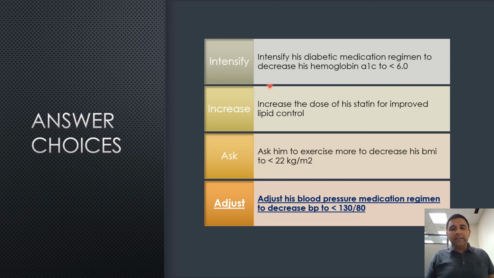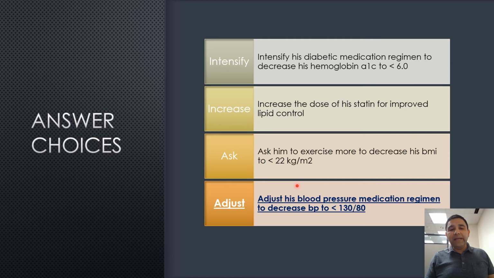Also, I don't think increasing the dose of his statin for improved lipid control is needed. His LDL level is already less than 100, and it's very acceptable at the current state. Asking him to exercise more to decrease his BMI to less than 22 is also not really a good strategy. His BMI is less than 25, and that is perfectly acceptable. There's no need to decrease BMI more.